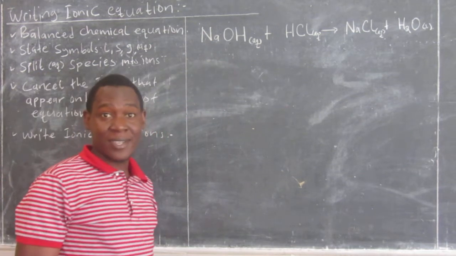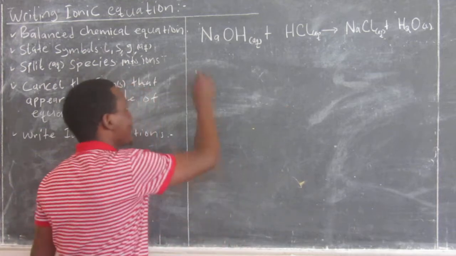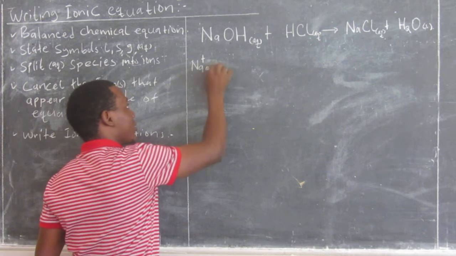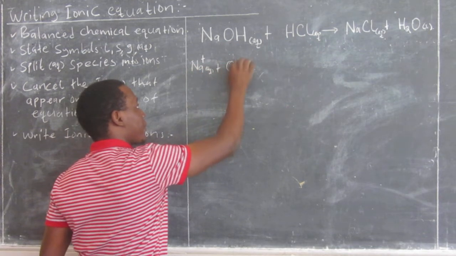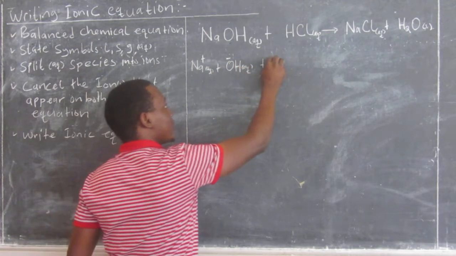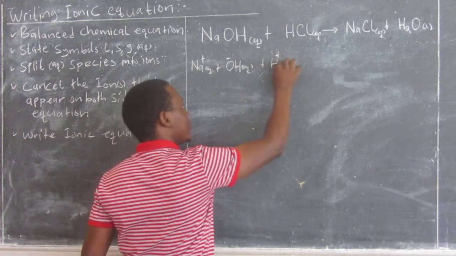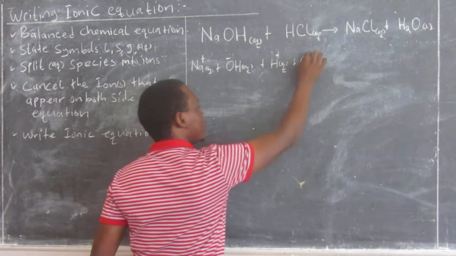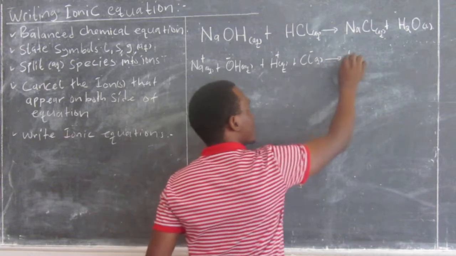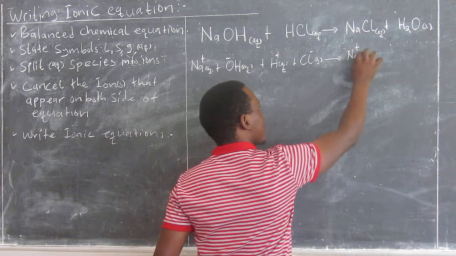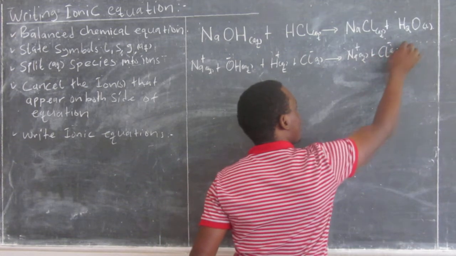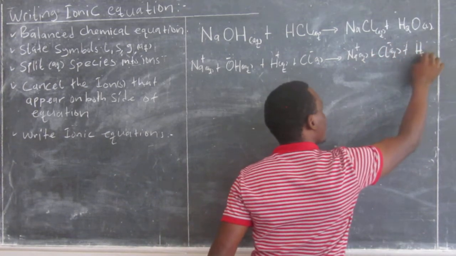Sodium hydroxide is aqueous, so I split it into sodium ion plus hydroxide ion, and HCl into H plus and Cl minus. It gives us sodium ion plus Cl ion plus water. Because water is a liquid, we don't split it.